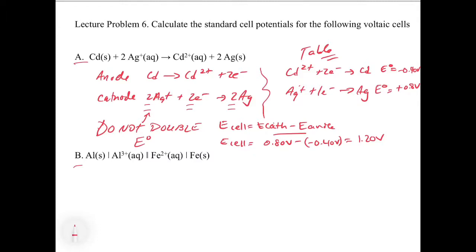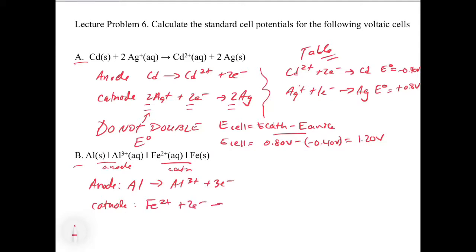And this is a really good problem to look at, because this one is in cell notation. So we have to recognize which part is going to be the anode from the cell notation, and which is going to be the cathode. So we have aluminum going to aluminum 3 plus plus 3 electrons. And then our cathode is going to be iron 2 plus plus 2 electrons goes to iron solid.